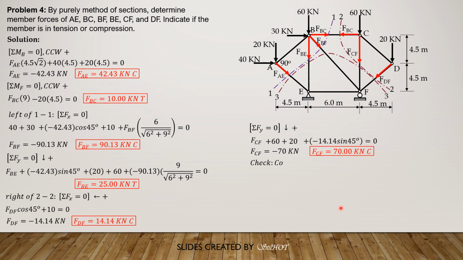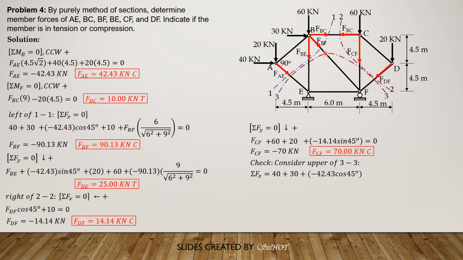So checking summation forces along x-axis, if it is 0. So we have summation forces x is 40 plus 30, then plus FAE, negative 42.43 cosine 45, then plus FBF.